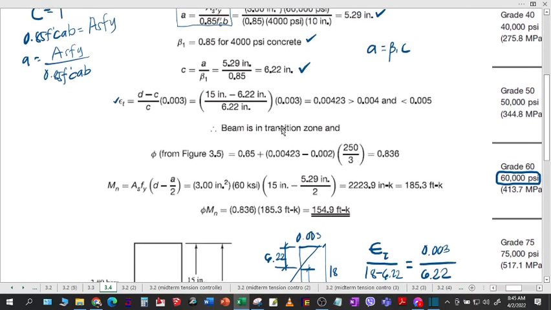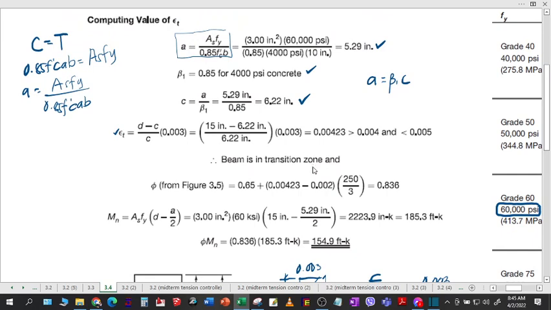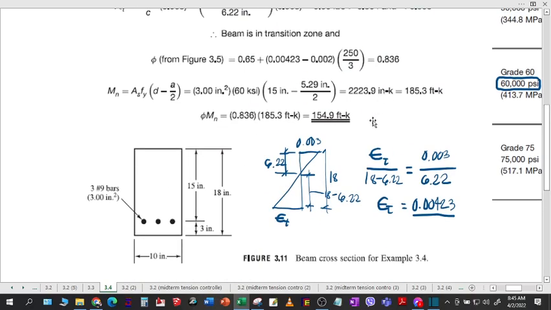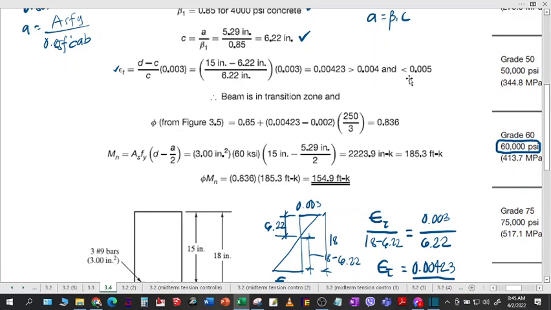Okay? So, 0.00423 is greater than 0.004. Going back here. So, it is within the zone, but is less than 0.005. Okay? So, therefore, this is in the transition zone.